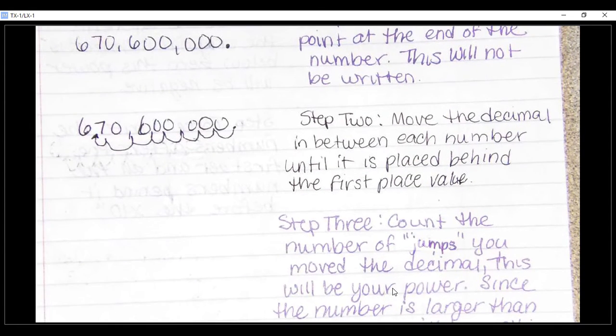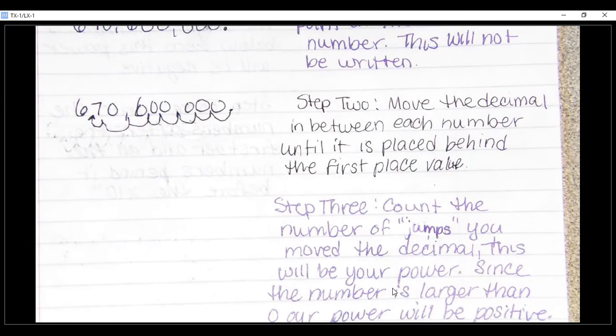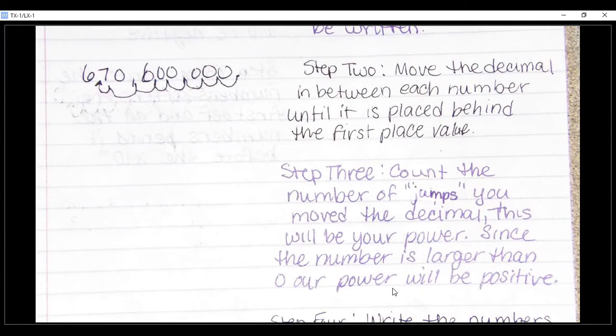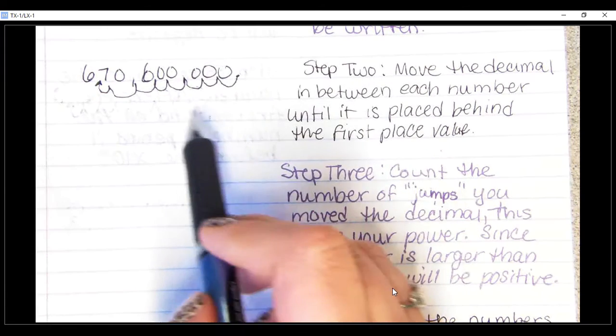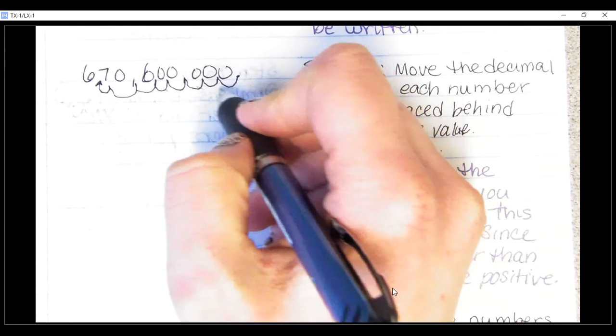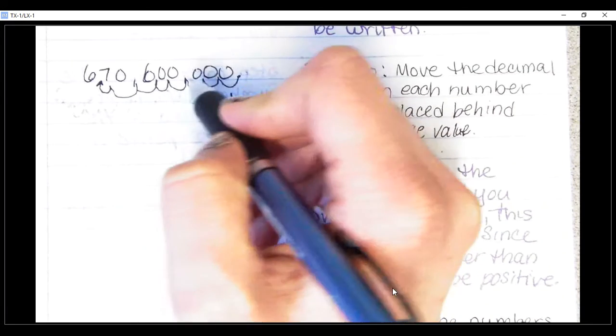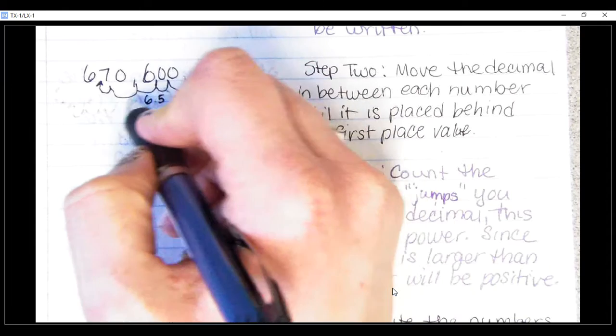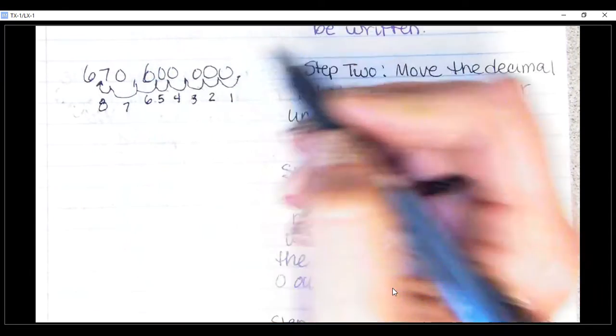And now I can move on to step 3. Count the number of jumps that you move from the decimal. This will be your power. Since the number is larger than 0, our power should be positive. So again, if we have a very large number, we need a positive exponent to show that it's getting bigger. The amount of times that I hopped was 1, 2, 3, 4, 5, 6, 7, and 8.